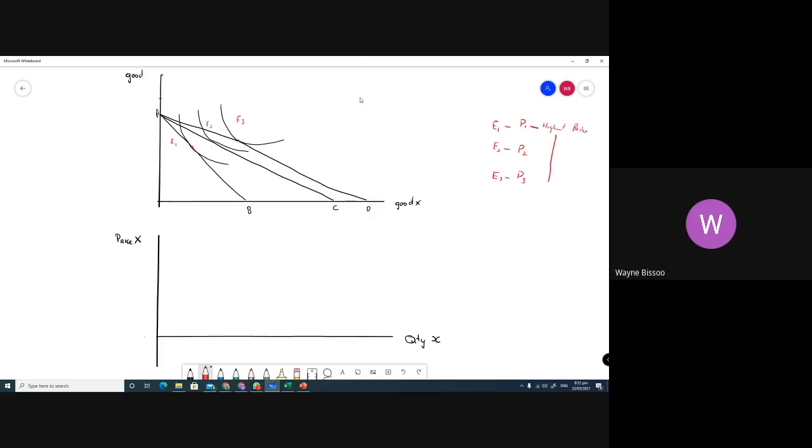And other prices, these are going downwards. Now, that gives us a quantity that we want to shift downwards. So I need to find that point here. All right. So that point is what I want to transfer downwards to this axis.